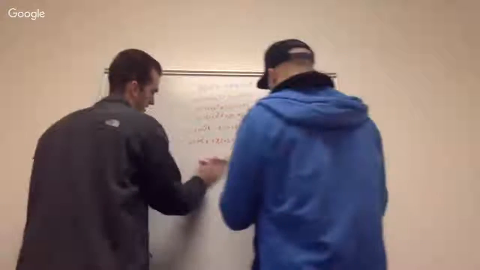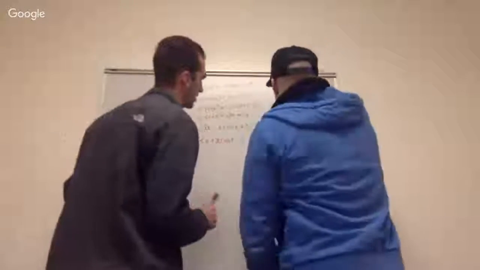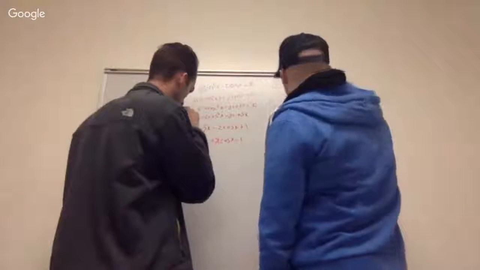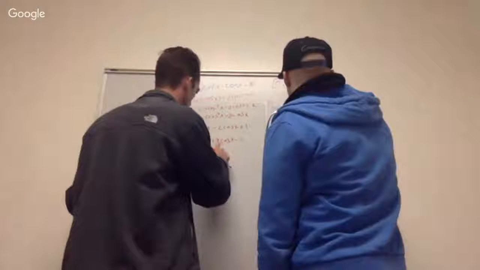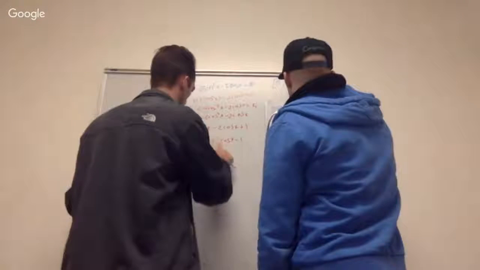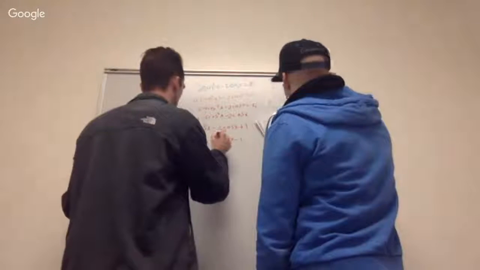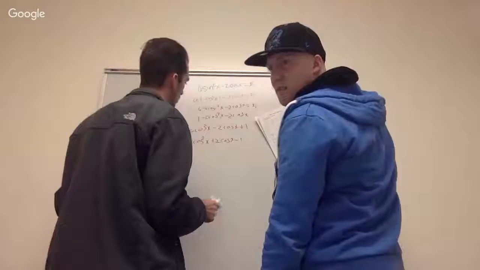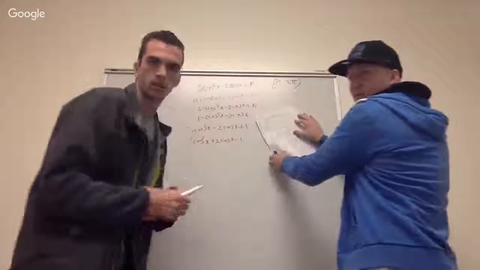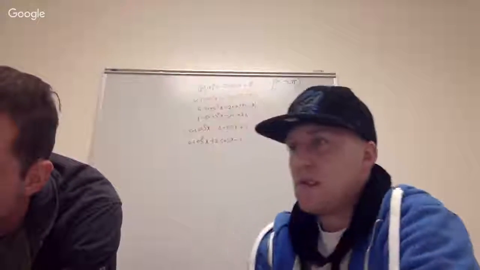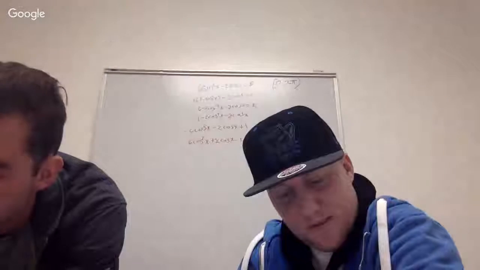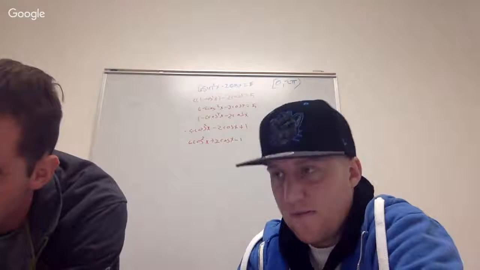I'm trying to find the identity for it though. Look what he does. He just basically replaces cosine with a variable.